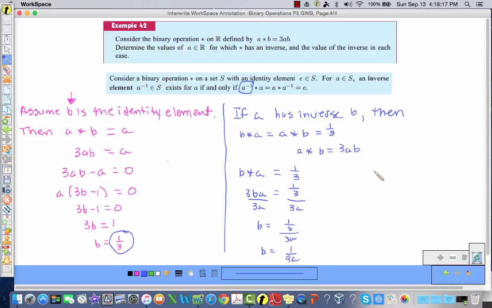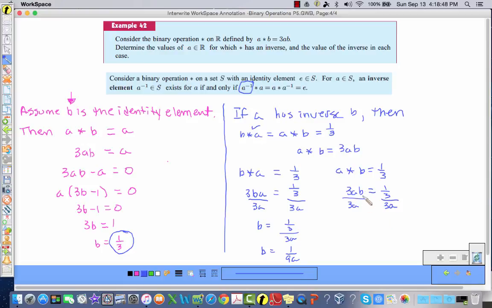And now, A star B has to be the same thing, so we're hoping that we get 1/(9A). So A star B has to be equal to 1/3. And again, A star B is defined as 3AB. So 3AB equals 1/3. Looks like it's going to work out well, but I'll work it out step by step for you.